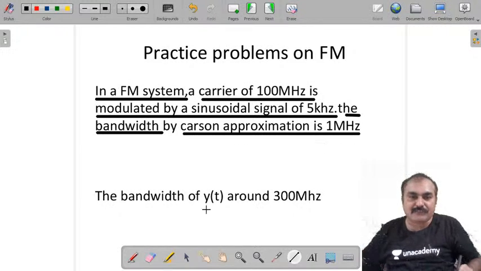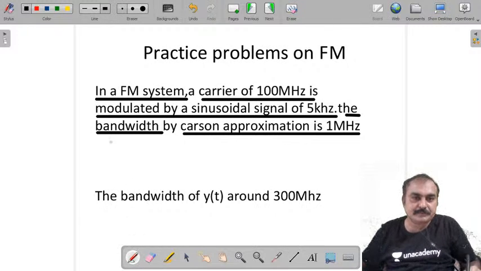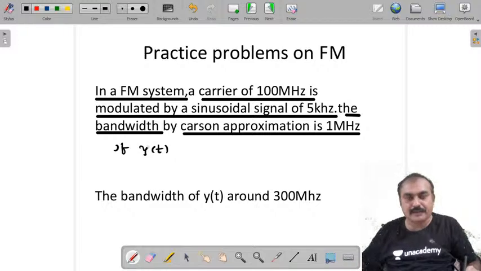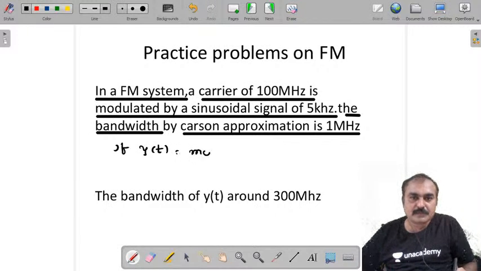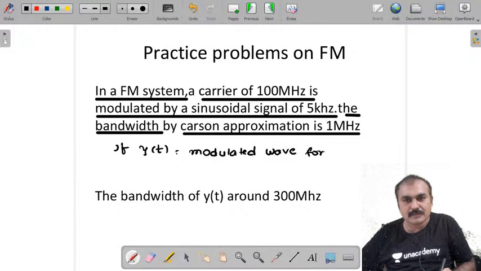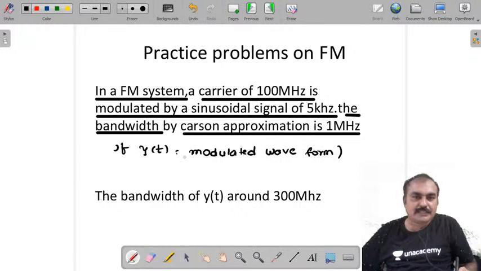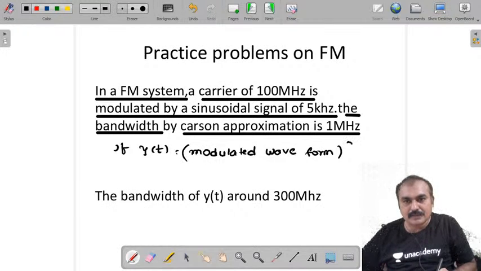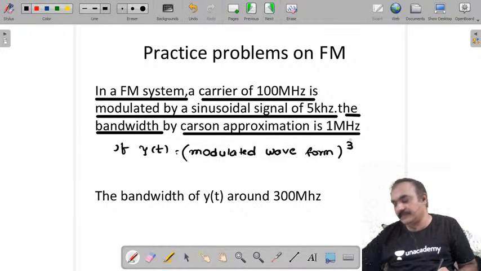And he has given the waveform y of t, equal to the modulated waveform cubed, my dear students.